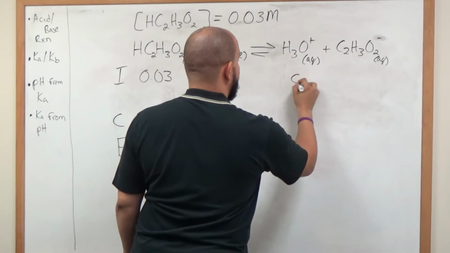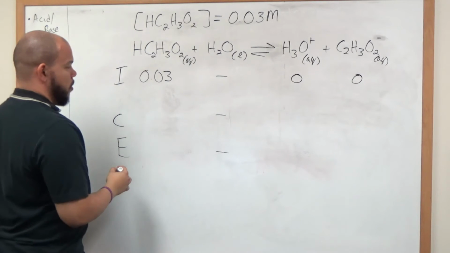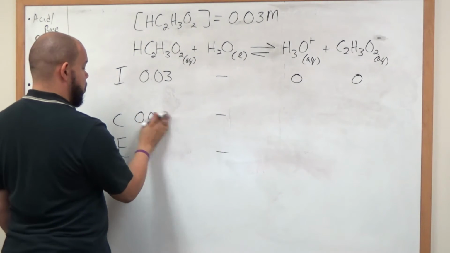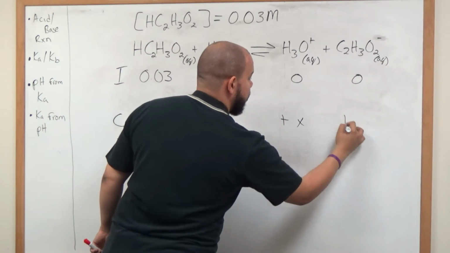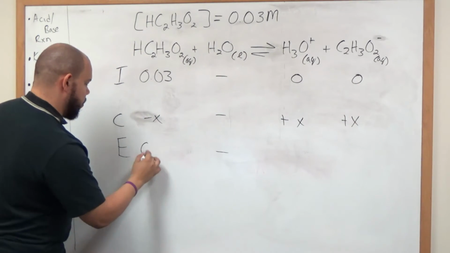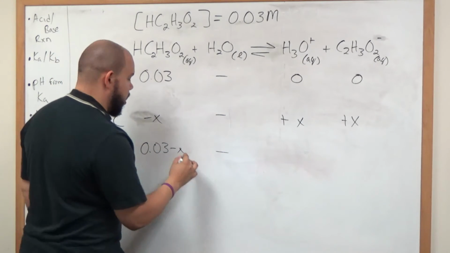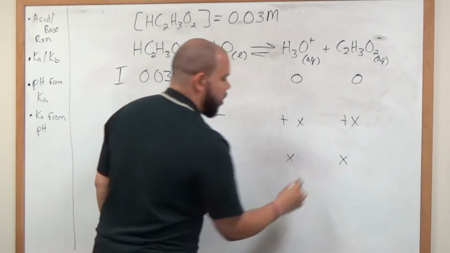Here, we're starting with 0. The change is minus x. The change here is plus x, and then we end up with 0.03 minus x, and x.